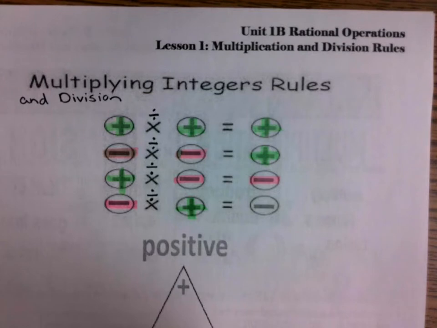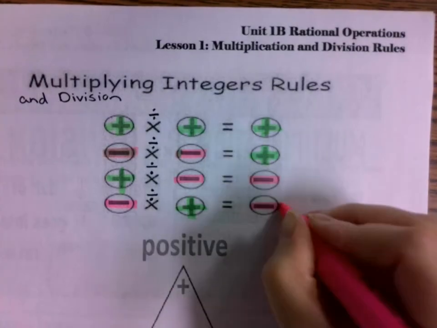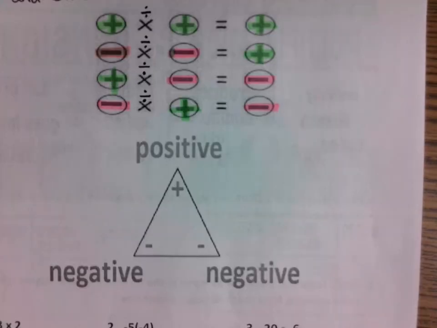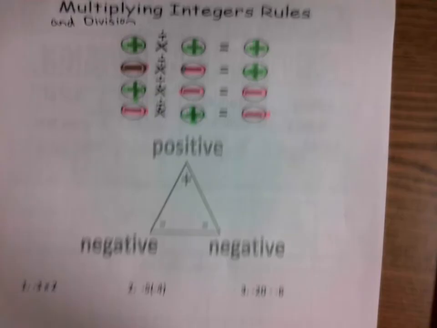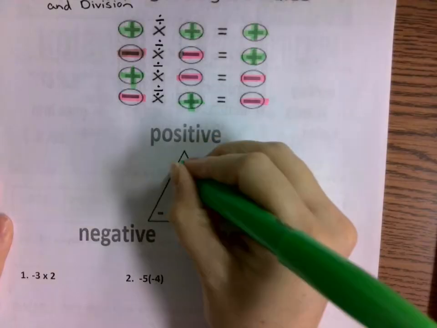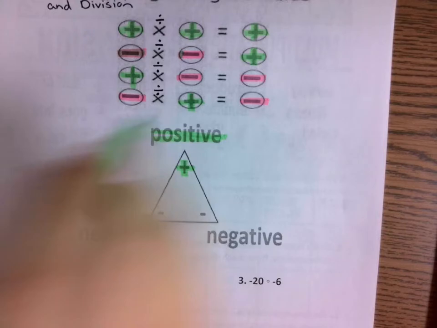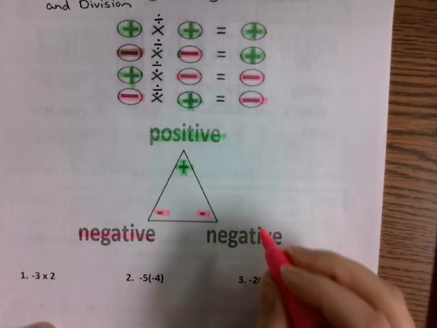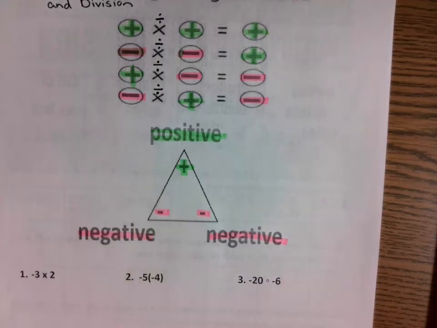Now, you can also follow the little triangle rule. So this triangle rule indicates that you have a positive up at the top, and then you've got 2 negatives at the bases of your triangle. And that when you are multiplying or dividing, make sure you're paying attention up here, not at the back.